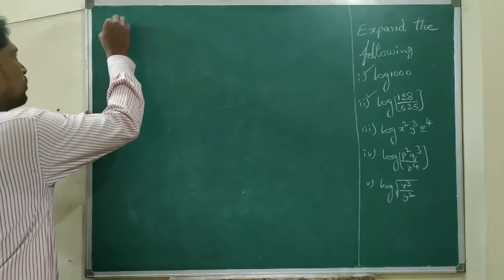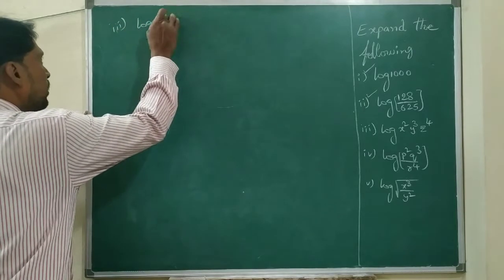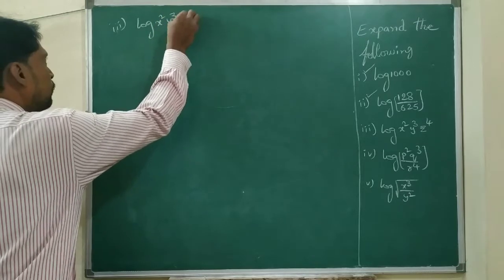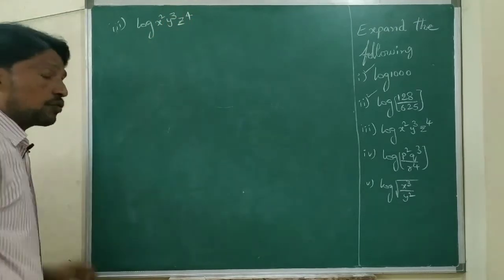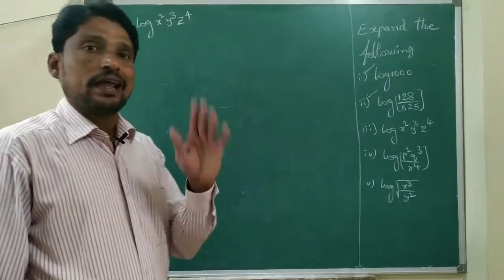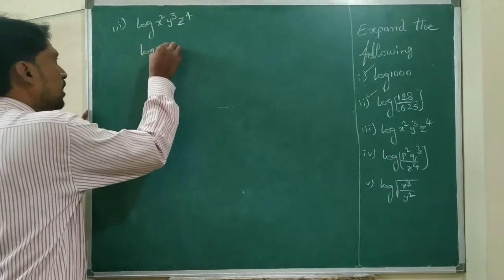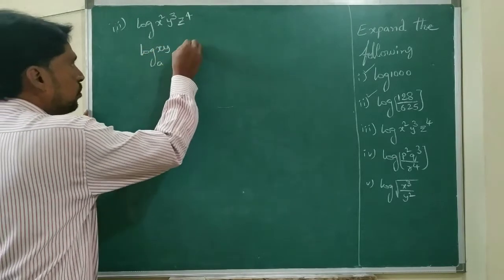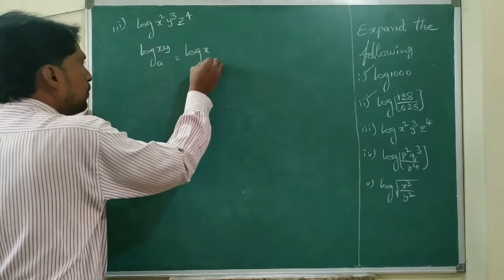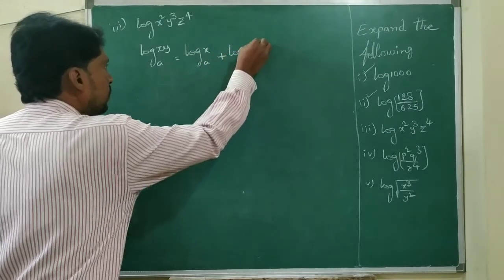So for the third one, log x square y cube z power 4, we use the product rule. What is the product rule? Log xy to the base a equals log x to the base a plus log y to the base a.